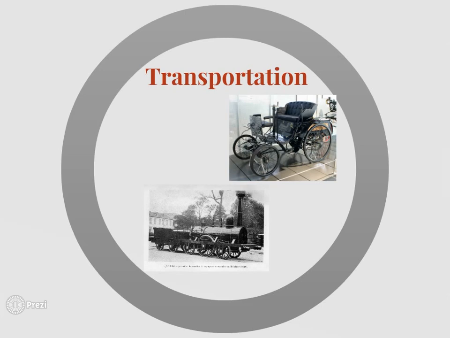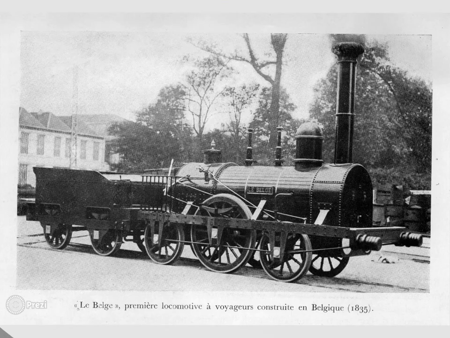Okay, so we have steel, we have electricity, but there's also going to be this transportation revolution that takes place in the 1800s. Now, what's really interesting, this is going to take two forms primarily. It's going to be railroads and cars. This is a really cool picture here. This shows you one of the earliest steam engines. This is from Belgium, year 1835.